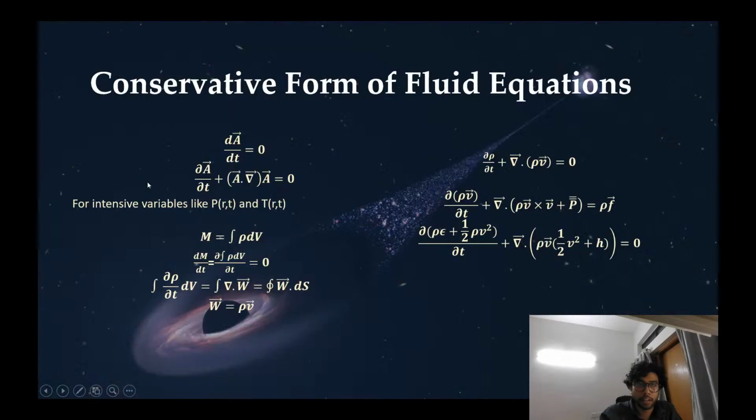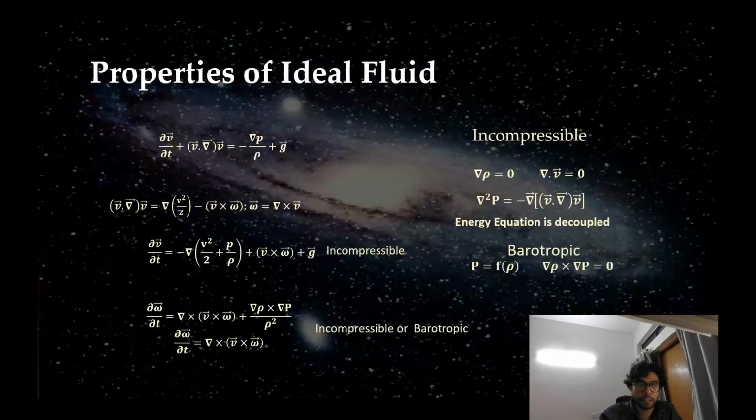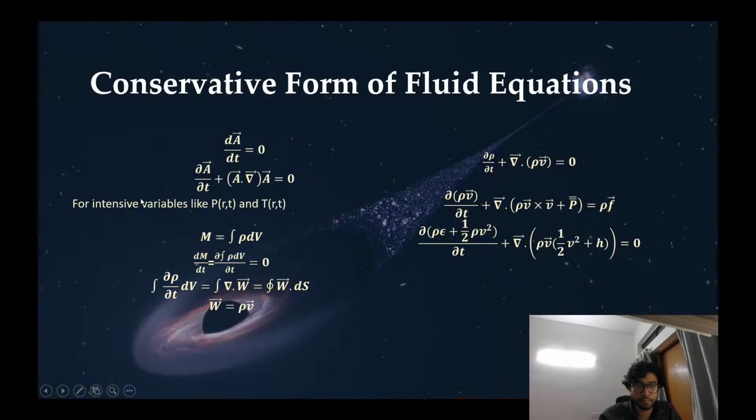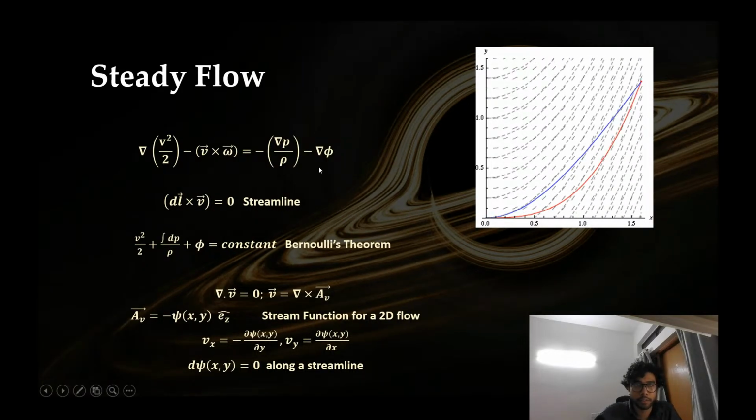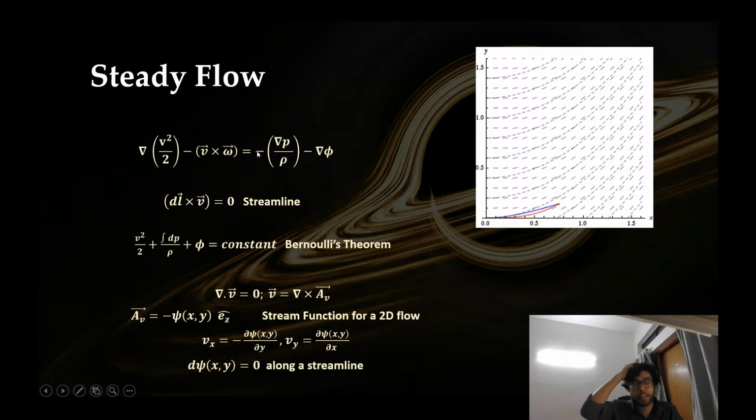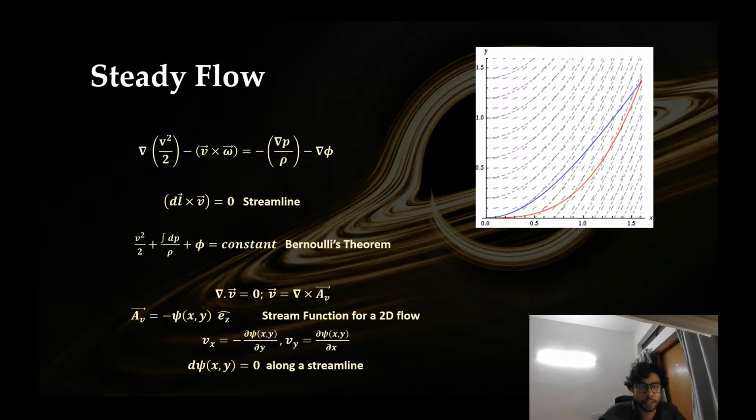And you are left with, as I said, we have decomposed this v dot del v term into this term, del of v square by 2 minus v cross omega, right? And this equation will reduce down to this equation under steady flow conditions.